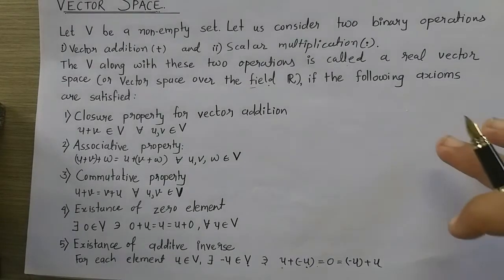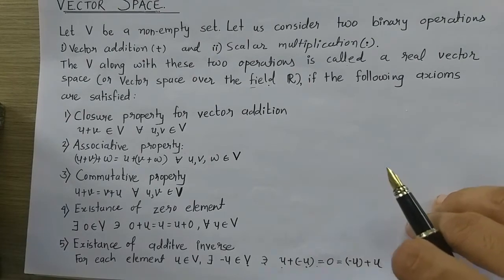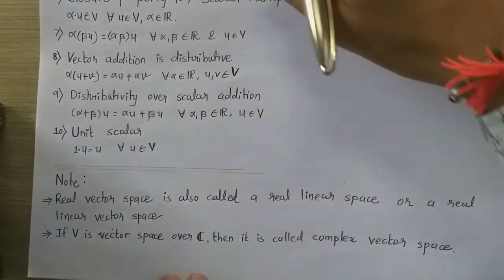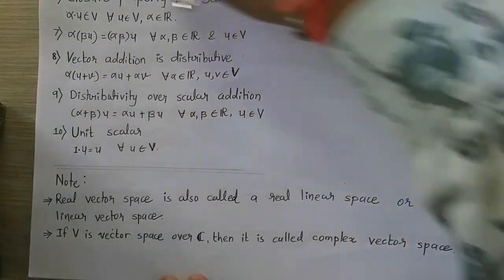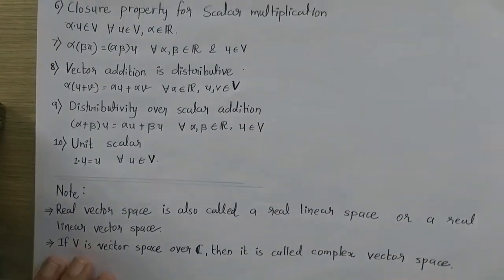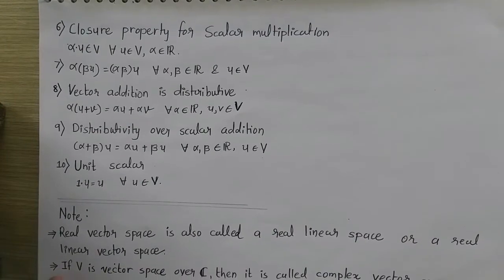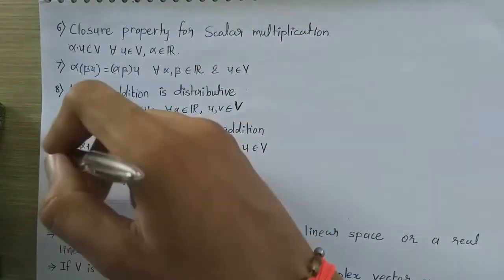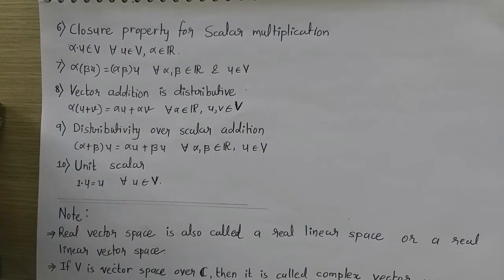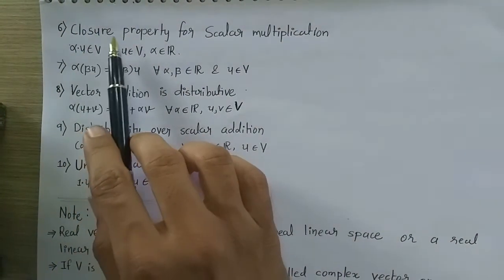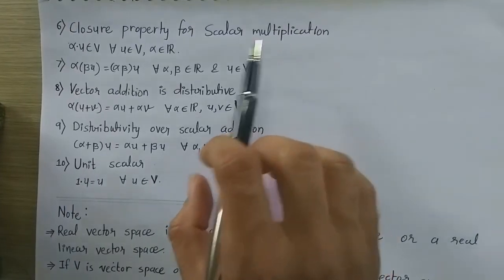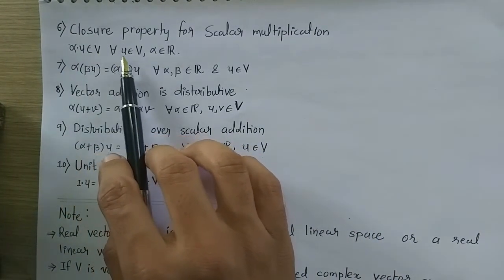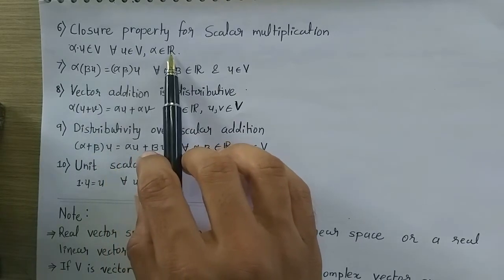Okay, now we start with these five properties for scalar multiplication. So first is closure property for scalar multiplication. That means alpha dot u belongs to V for all u belongs to V and alpha belongs to R.